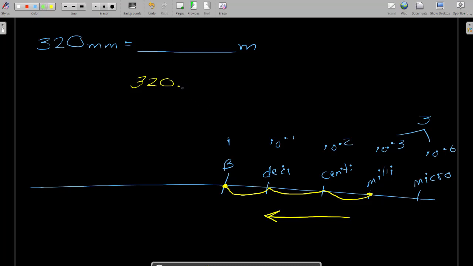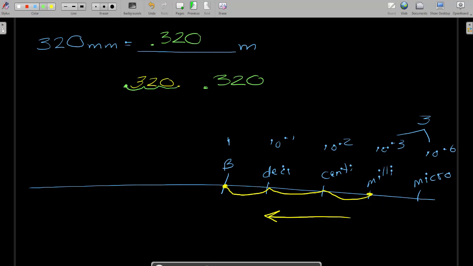So my decimal's here, so I'm going to go 1, 2, 3. So 0.320 meters. Pretty straightforward and pretty simple.